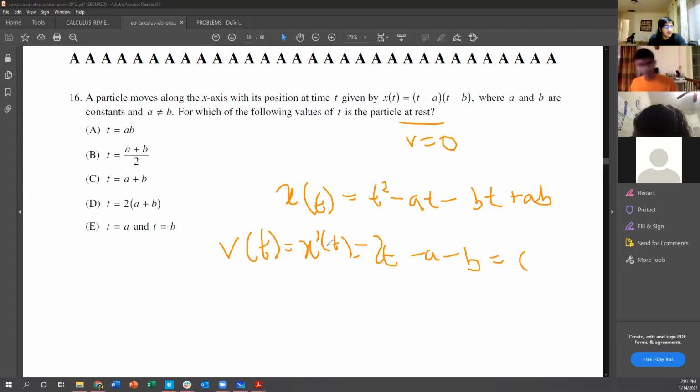That equals 0. I'm going to keep it the way it is. We know that 2t equals a plus b. That means t equals (a plus b) over 2. So the answer would be B. Okay? All right.